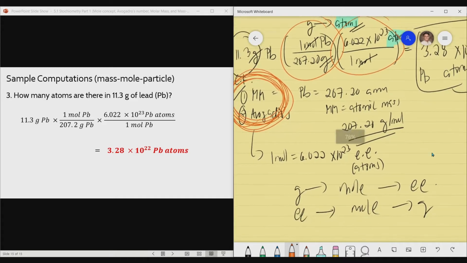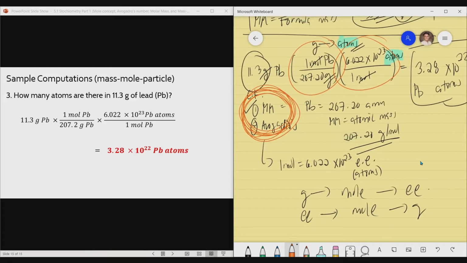And on the last part, if you want to convert gram to elementary entities or elementary entities to gram, you will use two conversion factors, molar mass and Avogadro's number. You may use Avogadro's first, or molar mass first and then Avogadro's, depending on what is required.